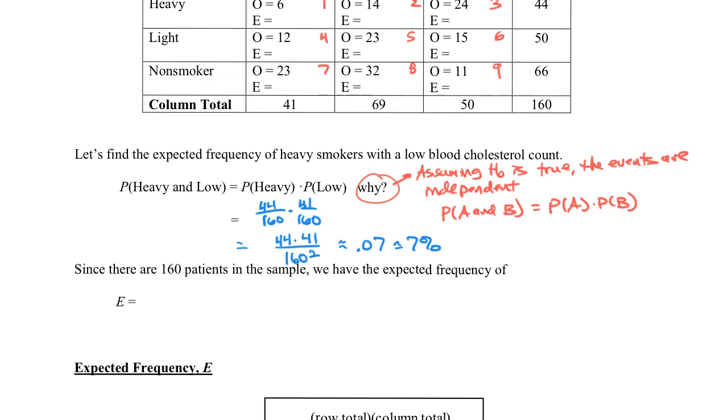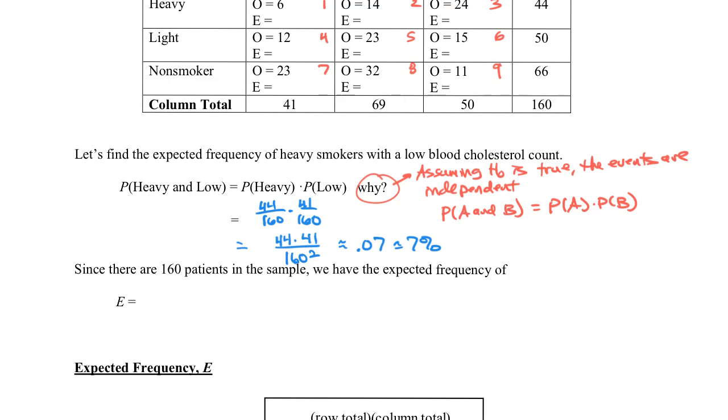If we wanted to find the expected value, there's 160 patients. How many would we expect to be heavy smokers with low blood cholesterol count? Well, it'd be 7% of that, right? But instead of using 0.07, I'm going to use this. We basically take this number, 0.07, multiply by 160.